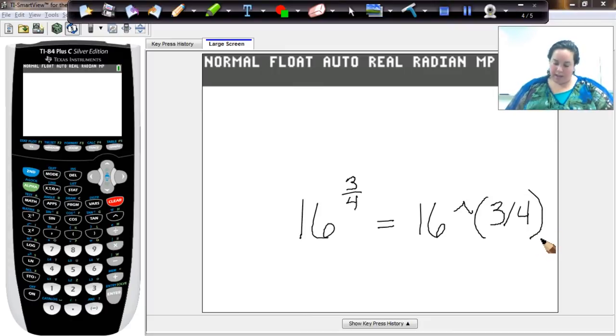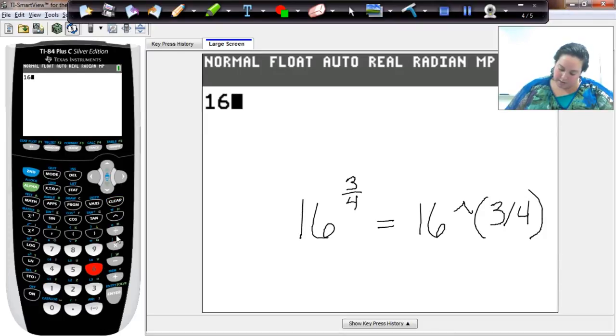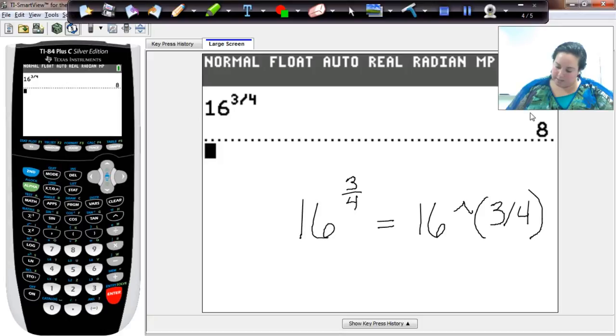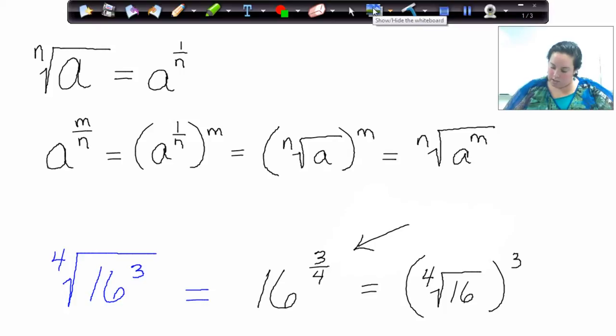For those of you who have this type of calculator, you probably won't need the parentheses because it'll put it in for you. But type in 16, the caret is right here above the division, and then if it doesn't automatically put you up here in the exponent, you'll need to use parentheses. 3 over 4. I'm already up here in the exponent, so I don't need to use parentheses, but it never hurts to use them. Enter. All right, and then it tells us 8 is our answer. Okay, let's go back.